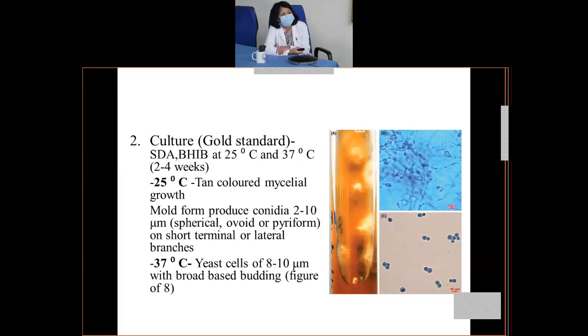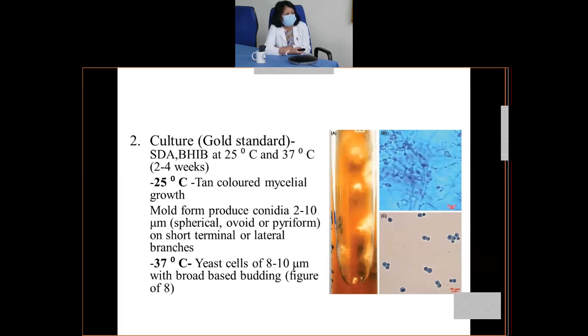When you examine that, you'll see different hyphae. Those lines are the hyphae, and these oval structures are the conidia. The conidia are 2 to 10 micrometers. They are actually the infectious part of the fungus.